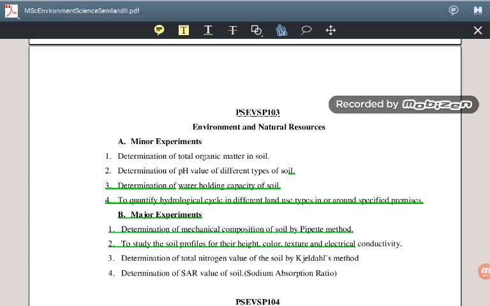So how this conduction is done: if a particular soil has a high amount of cation or anion exchange system, then this absorption capacity can be influenced, or it can be increased. So the sodium absorption ratio, that is, what amount of sodium can be absorbed by the soil, can be discussed in this experiment.